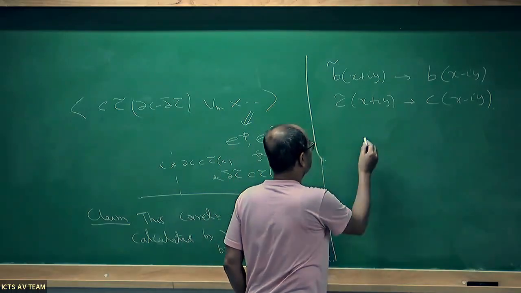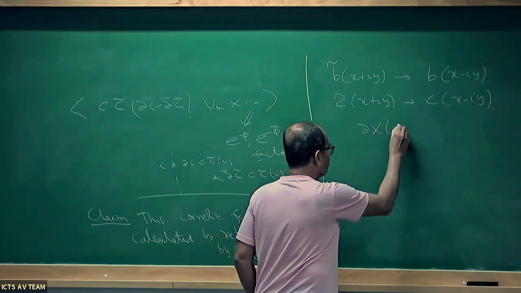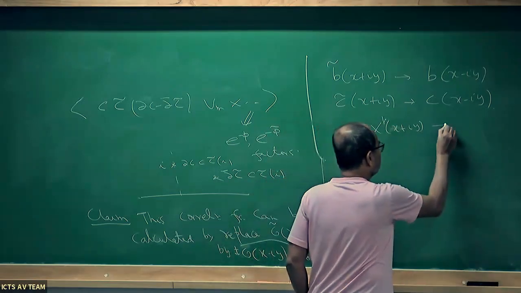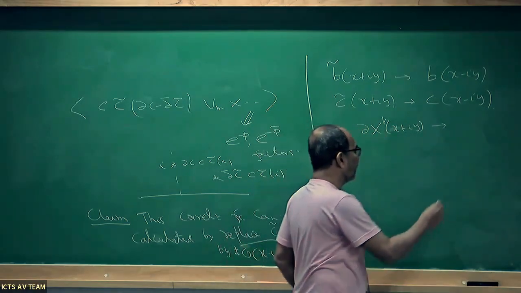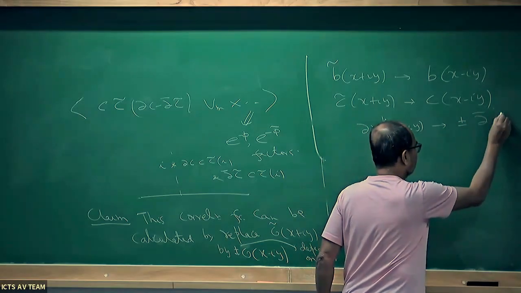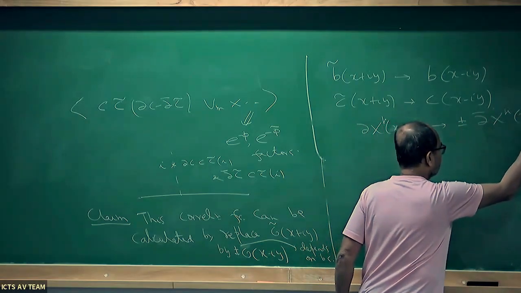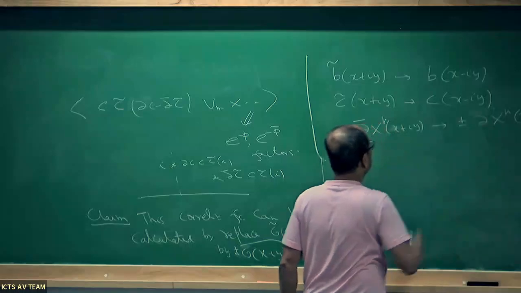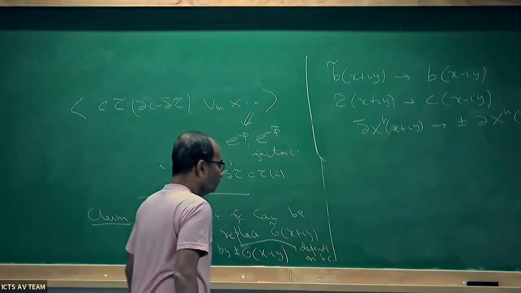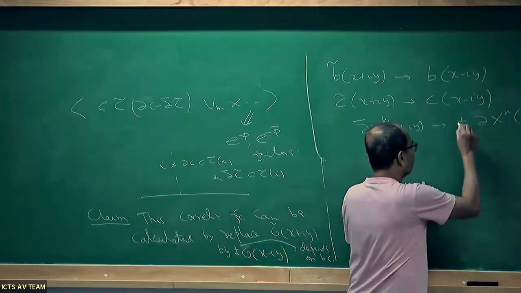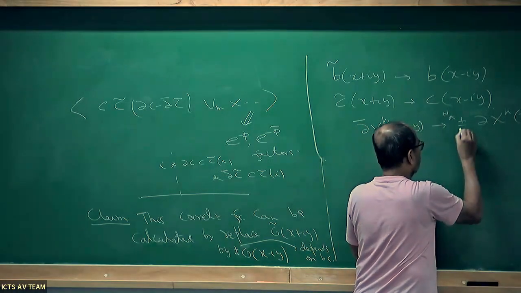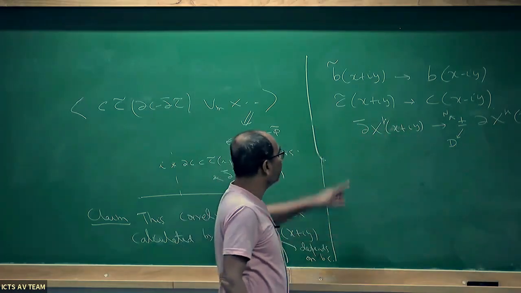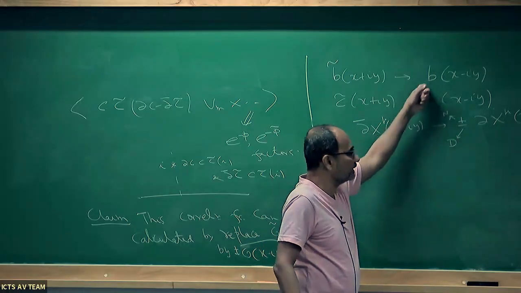If we have ∂̄X of x plus iy, this you can replace by plus or minus ∂X^μ of x minus iy. Sorry, the other way, because on this side we are writing X bar and on this side without bar. Okay. So here the plus is for N and minus is for D. For B and C, these signs didn't appear because they always have normal boundary.